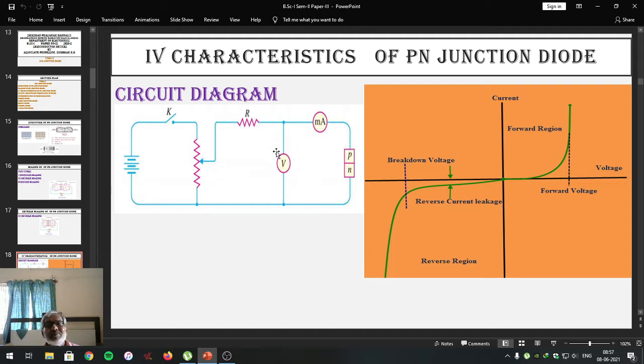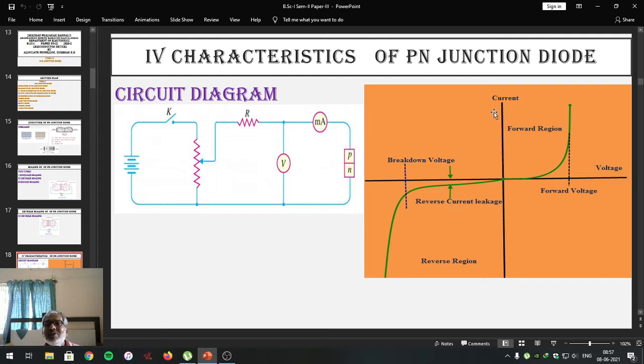That's enough. Note down simultaneously the current that flows through the PN junction diode, indicated by the current meter. Now we have the set of readings of voltages and current in forward bias condition.